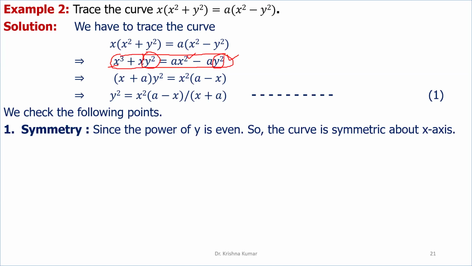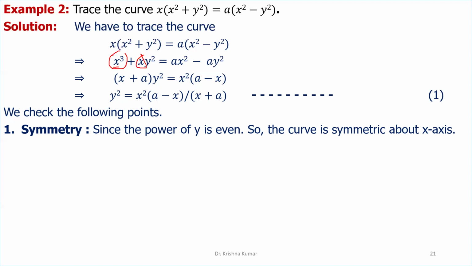Now, since the power of x is not even, it is 3 and 1 here, this curve is not symmetric about y-axis. Since the power of x is also odd, it is also not symmetric about both the axes. If we check the fourth symmetry, about opposite quadrant, and replace x by minus x, the equation of the curve will change.